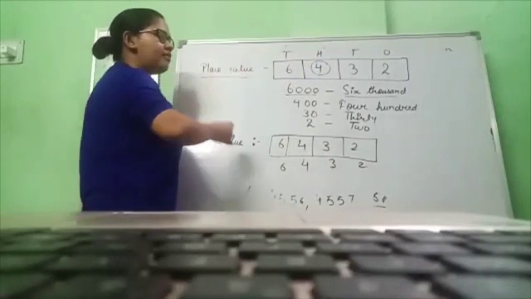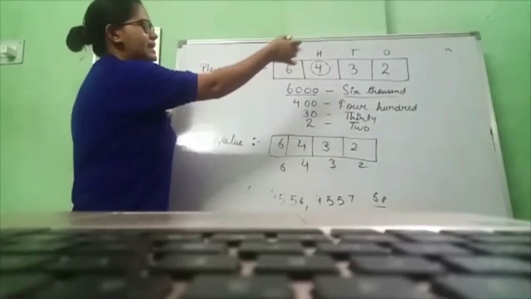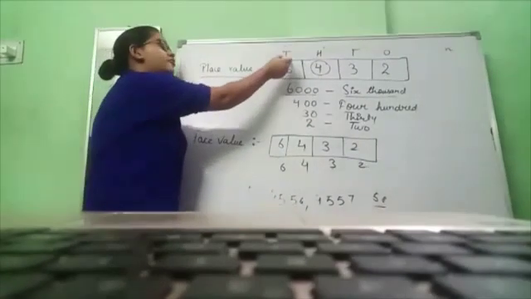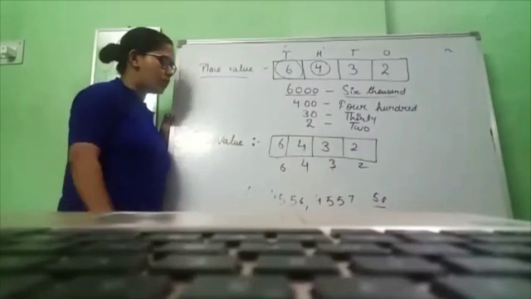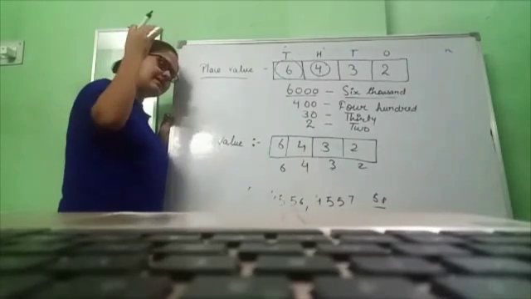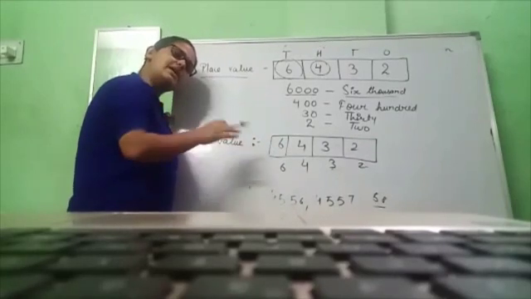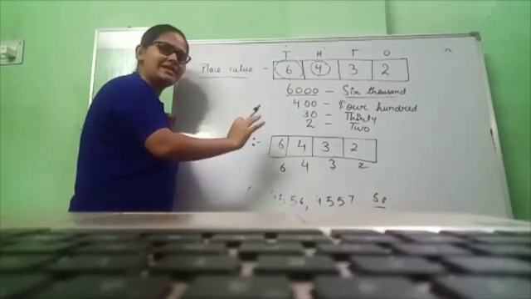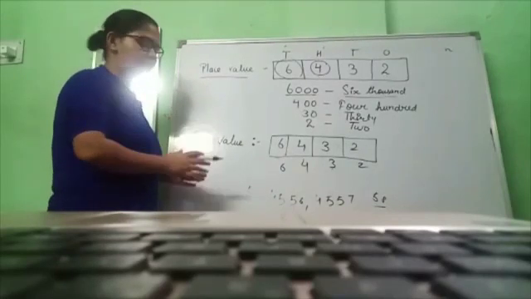We have to divide them into sections from the right side: ones, tens, 100, 1000. Then you are able to know which place the digit is in, and you will find the answer. In face value, the digit never changes. It will be the same as the digit given to us. If there is 6, there will be a 6. No 0 will be added there. Okay. This one is place value and face value.